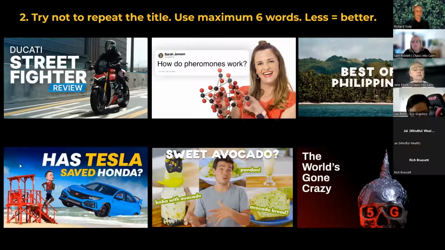For example, here you have Ducati Street Fighter review. If you were writing the title based on keywords, it would be Ducati Street Fighter model number 373, best in 2022, because this is the expression that people are searching for in Google.